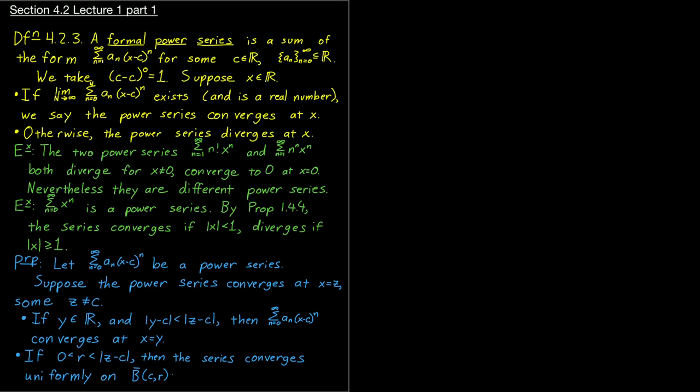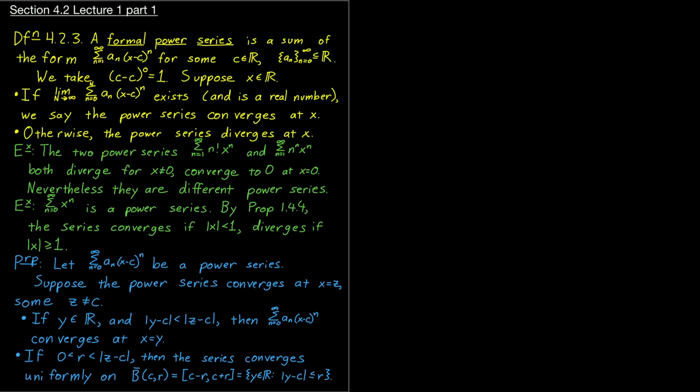This B bar of c, R is how we're going to write this set in chapter 5. It's just the closed interval from c minus R to c plus R, including the endpoints. And I'll point out that this is also the set of all real numbers whose distance to c is less than or equal to R.